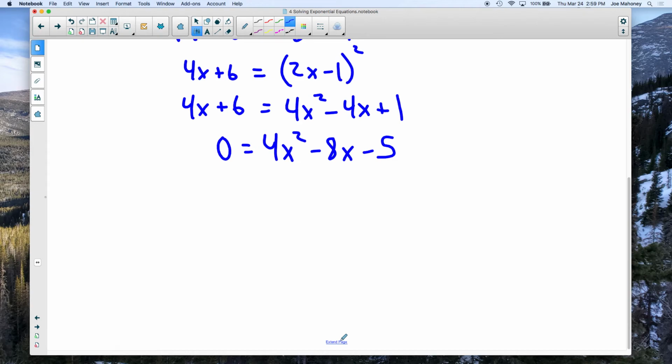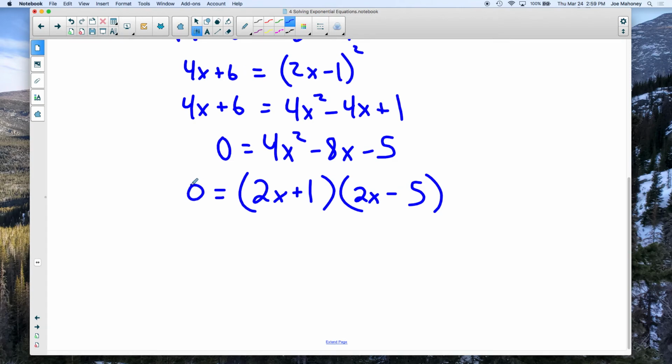Let's think about it. I think 4x squared, we can factor to 2x times 2x. And if I want to get a negative 5, I know I need a 5 and a 1 somewhere. Let's put a 5 and a 1 there. And I need a negative 8x, so that negative 5 makes a negative 10x. That makes a positive 2x, and I just did my factoring.